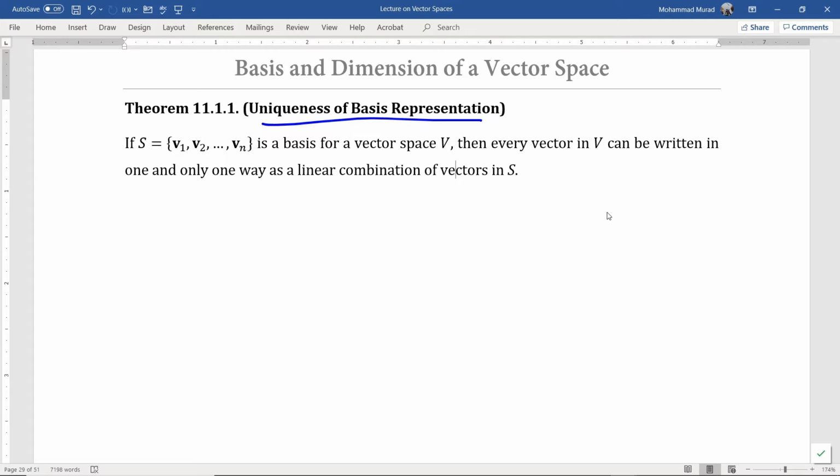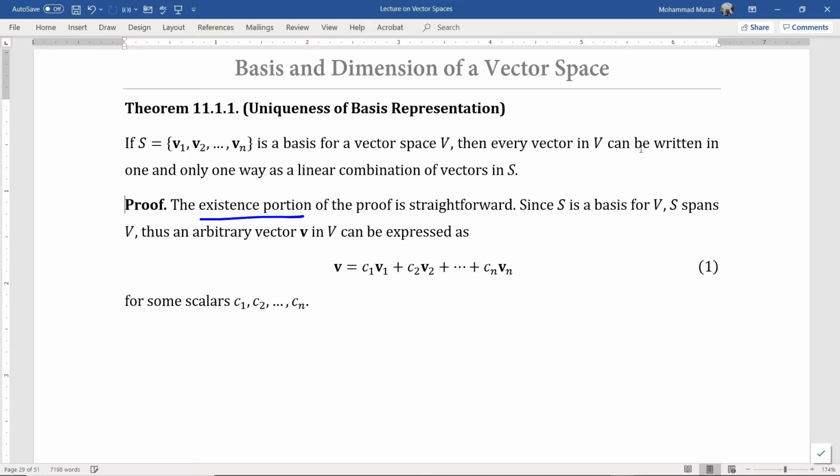If S, the set of the vectors v sub 1, v sub 2 all the way up to v sub n, is a basis for a vector space V, then every vector in V can be written in one and only one way as a linear combination of vectors in the set S. Let's try to prove this theorem.